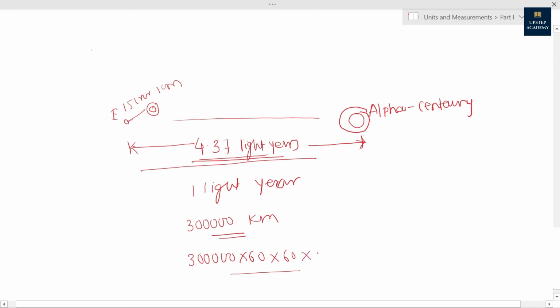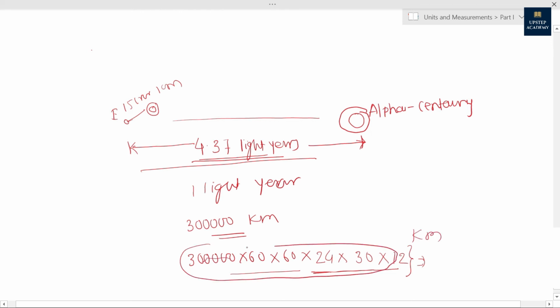Then we multiply by 24, that will be the distance covered by light in 1 day. If we multiply by 30, it will be the distance covered in 1 month, and if we multiply by 12, this will give us the distance covered by light in 1 year, in kilometers. You can just imagine how big a number it will be, and that is the distance covered by light in 1 complete year. So 1 light year is that big a number.